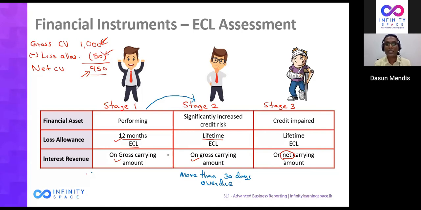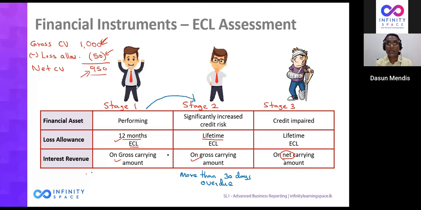Can I say that this is a loan where the credit risk has significantly increased? I can't say that, right? Because he is taking the moratorium. He would be a good company, doesn't have much of an impact. So if he's not going to pay me for more than 30 days, remember that the presumption is what? Rebuttable, challengeable. So the financial institution can challenge the assumption.